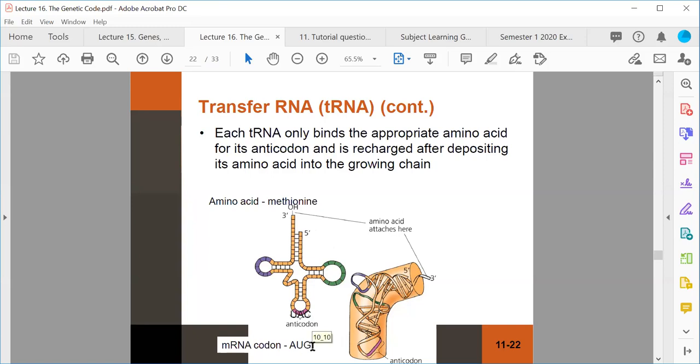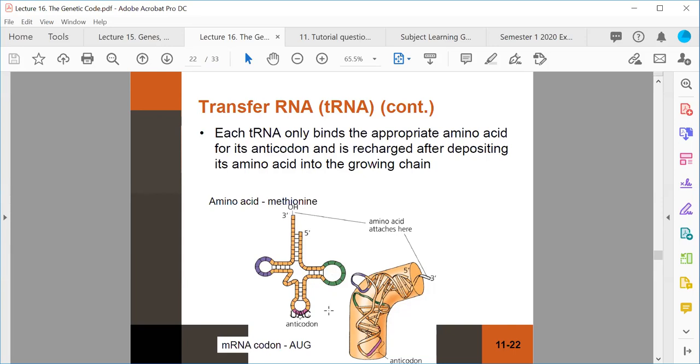Now, if you look up AUG on the genetic code table, you would find that AUG is the codon for this amino acid, methionine. And sure enough, this particular transfer RNA molecule will only bind and carry this methionine amino acid.